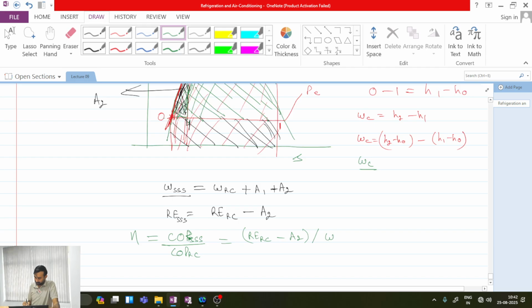divided by WRC plus A1 plus A2, divided by COP of reverse Carnot. Now you take these two common.